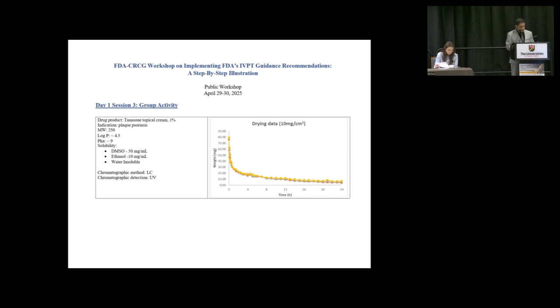And accordingly, anything we change in the receptor media, we need to evaluate the solubility and receptor solution stability to ensure that the analyte is stable and the data is the actual representation of the permeation. And we can check the IVPT study duration for 96 hours to see the initial flux profile, and accordingly we can adjust.